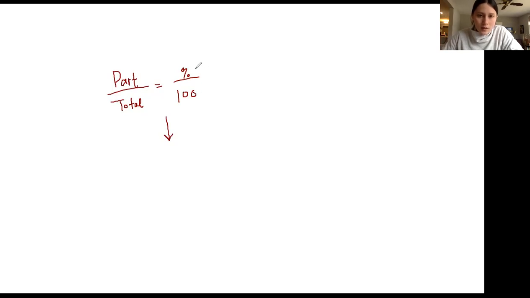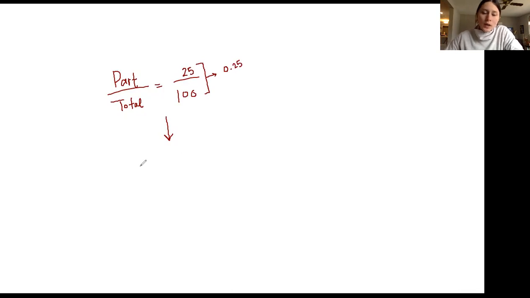What we're going to look at today is that we know this percent out of 100, let's say 25% out of 100, we could also describe it as 0.25, right? If you turned 25 over 100 into a decimal, it would be 0.25.